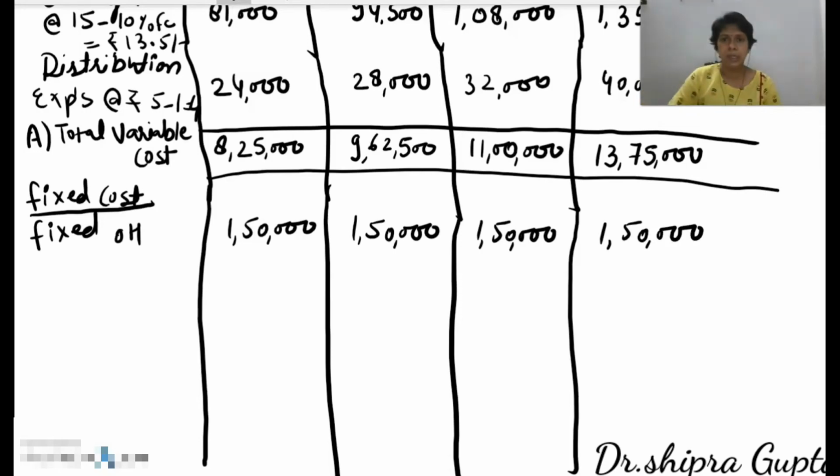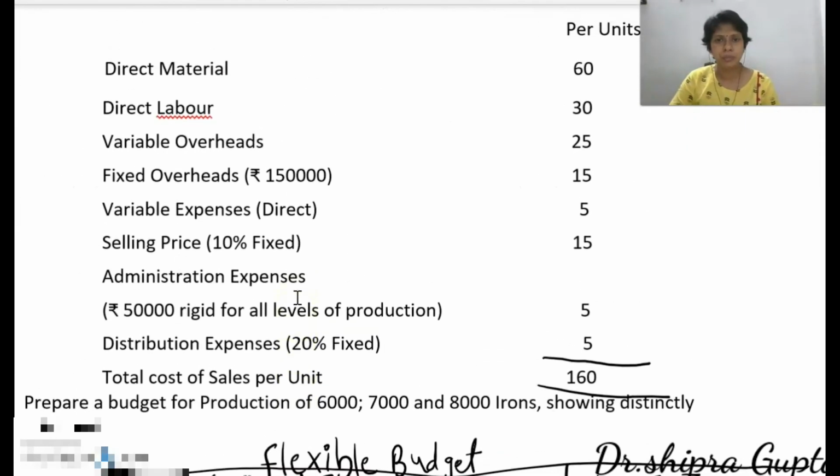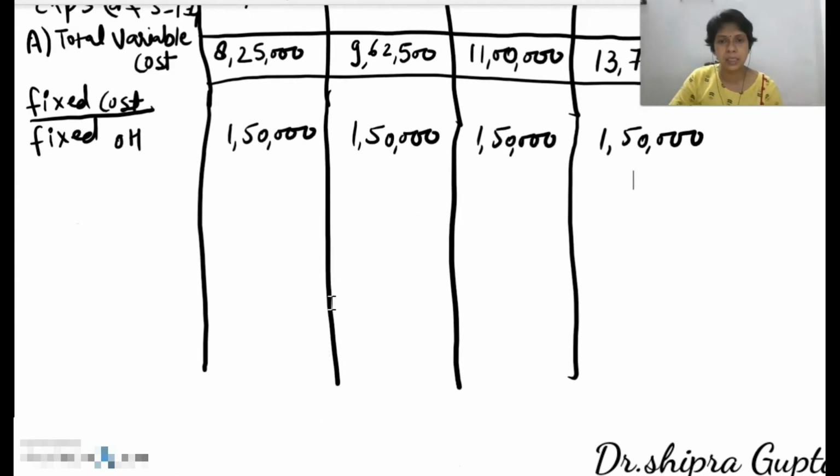1,50,000. Okay. The next fixed nature expense is selling price. The selling price is 15 rupees in total and 10% of this 15 rupees is fixed, which means 1.5 is fixed.